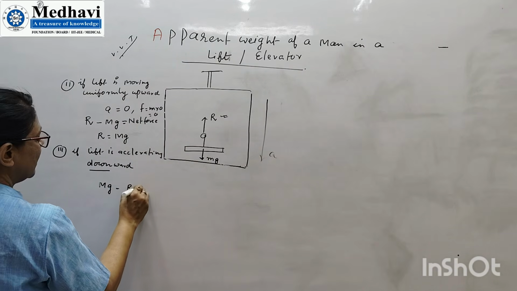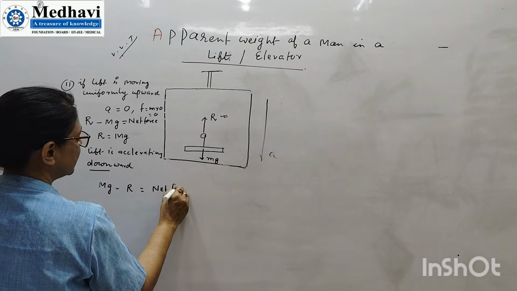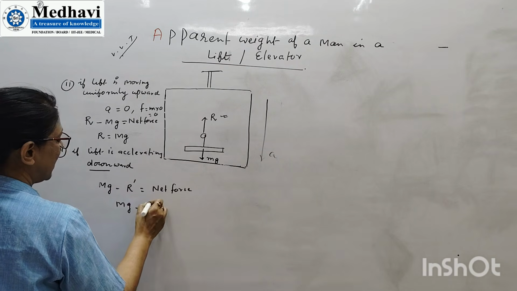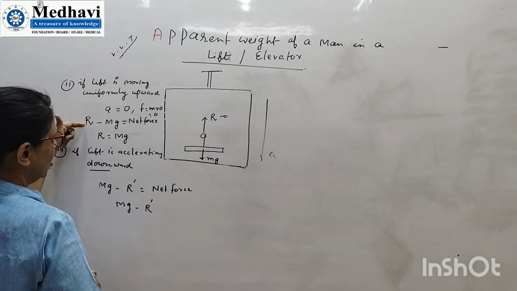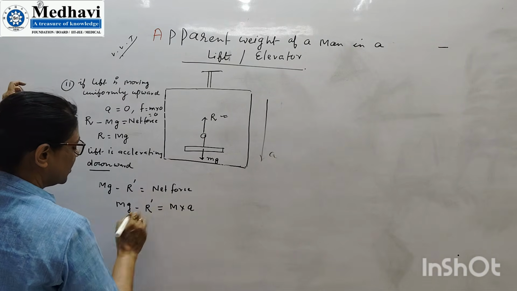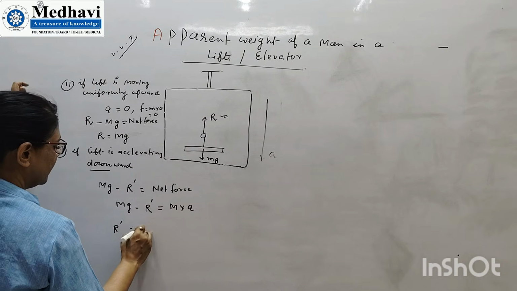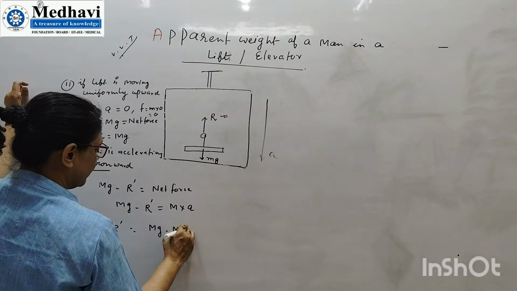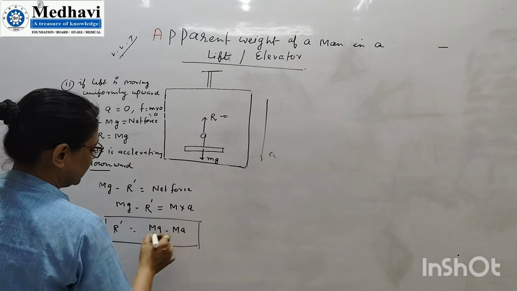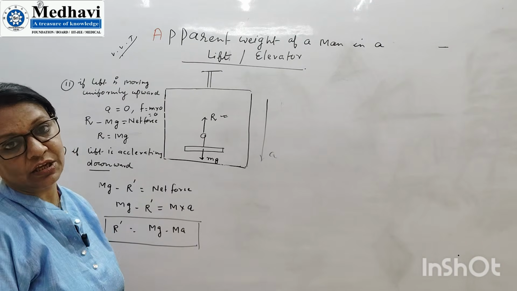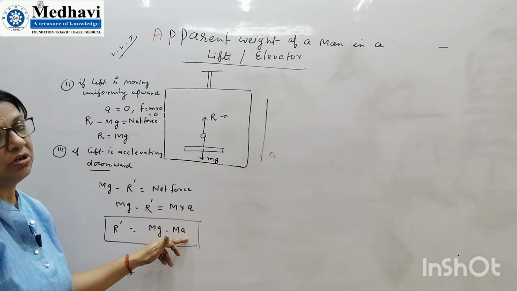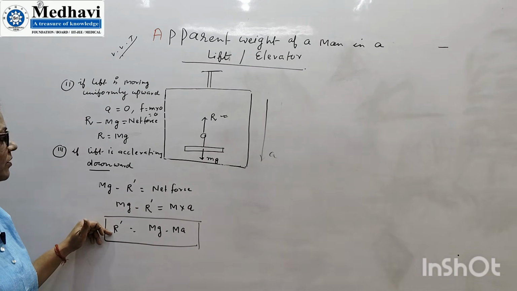mg minus R' is equal to net force, where R' is the apparent weight and mg is the actual weight. Net force is equal to mass of the body into acceleration, so R' will be mg minus ma. So the apparent weight of the person will be less than the actual weight mg, because ma is removed from mg.